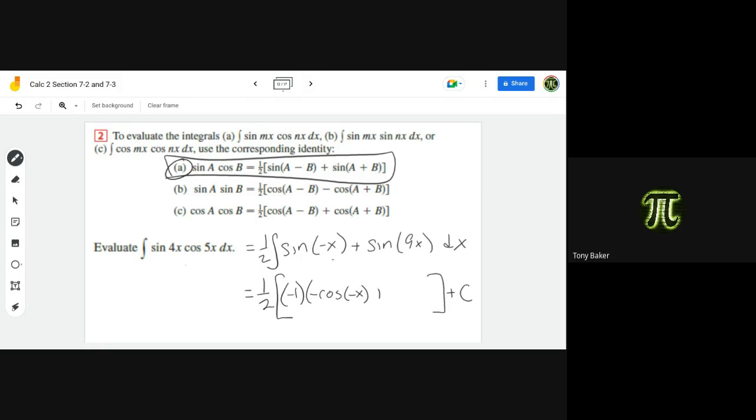And why do we bring that up? That's my implicit u substitution. It's just 1/1 in this case. So this is going to become 1/9 times negative cosine of 9x plus C. Do we need an extra end parenthesis after the negative x?